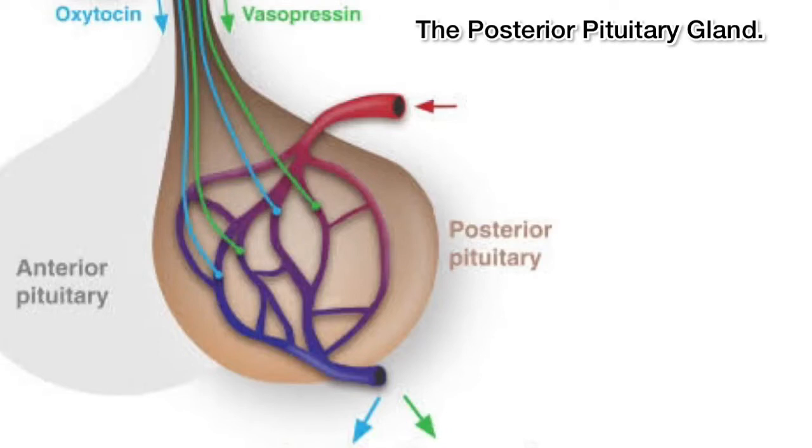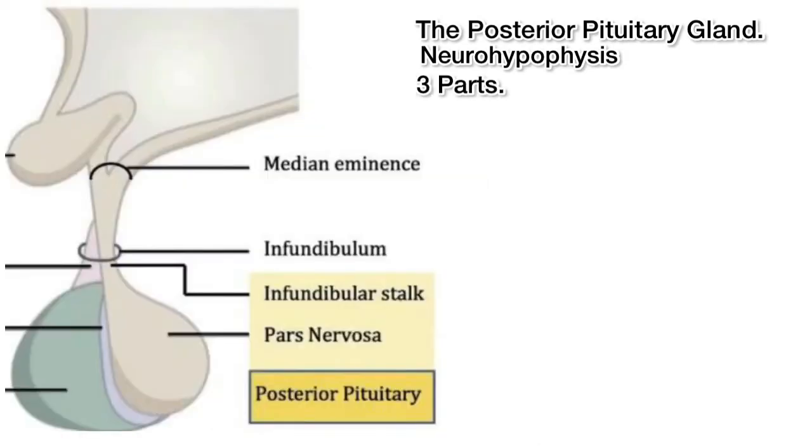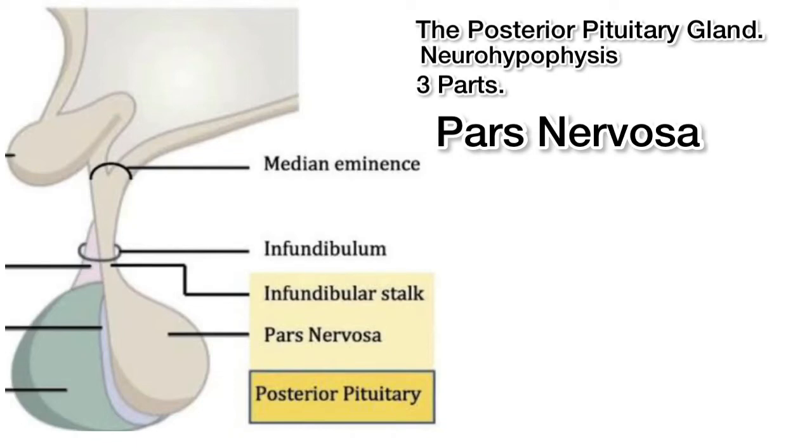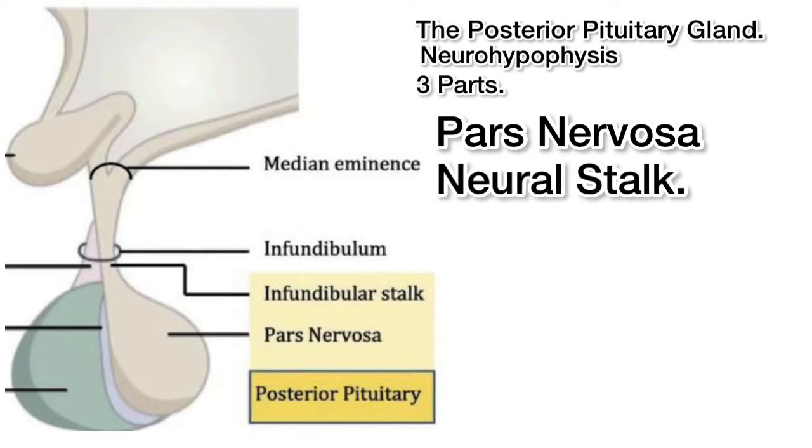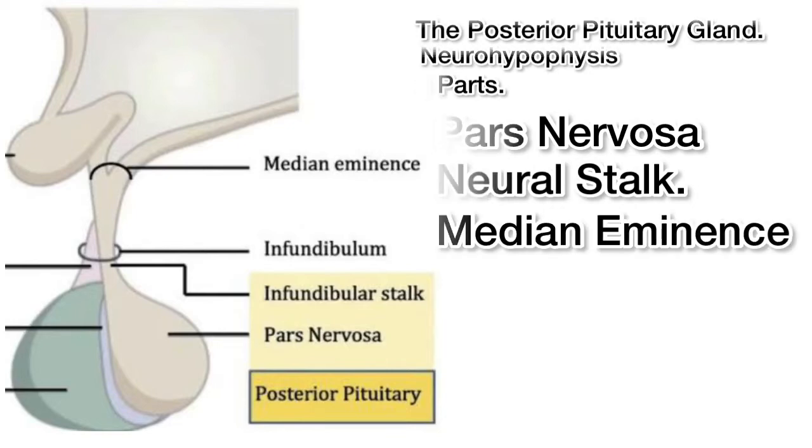The posterior pituitary gland is one of the parts of the pituitary gland. It is also called the neurohypophysis. It has three parts. These parts consist of the pars nervosa, which you can also call the infundibular process. The second part is the neural stalk, or you can call it the infundibular stem, whereas the third part is the median eminence.